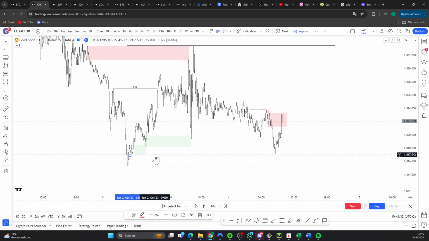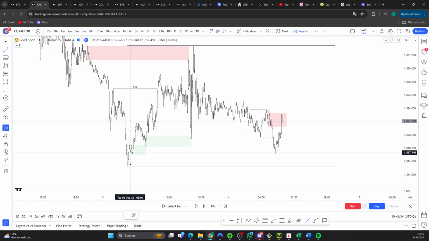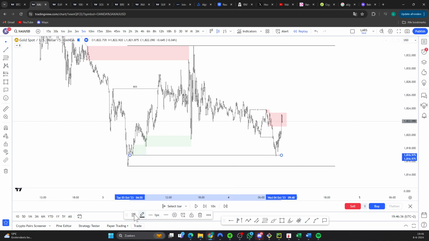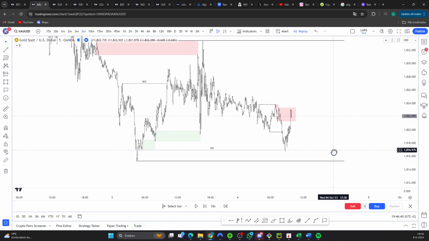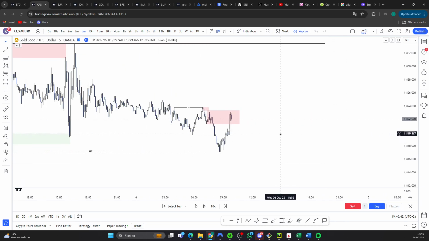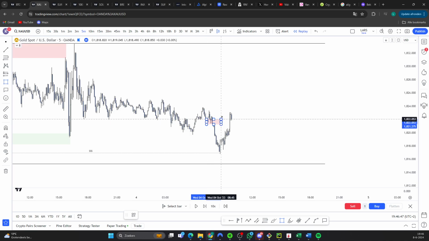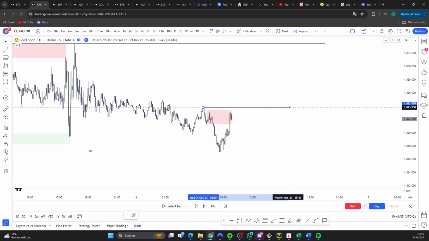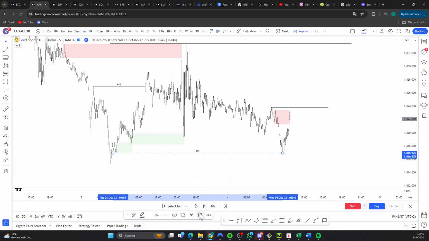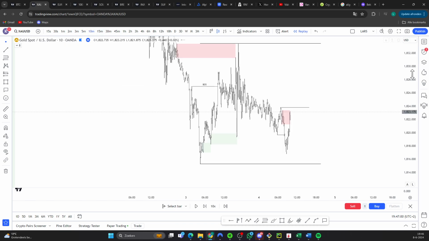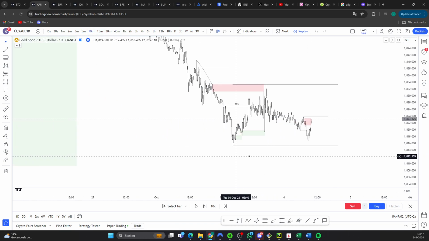Well, I haven't used that in a minute, but this one. This is starting to look more and more like a range though, so I'm really happy with that.